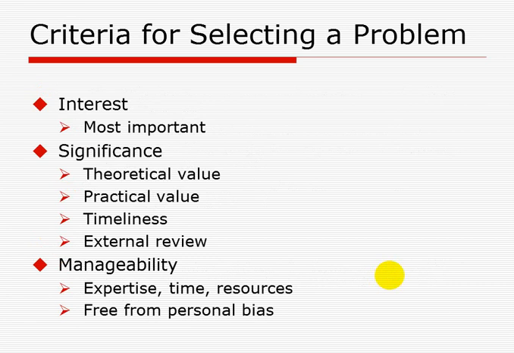Next, criteria for selecting a problem. One, you have to ask yourself what interest you have in conducting the research. This is the most important thing for a new researcher starting out. And then you have to look at other important things like theoretical value, practical value, timeline, and internal review.